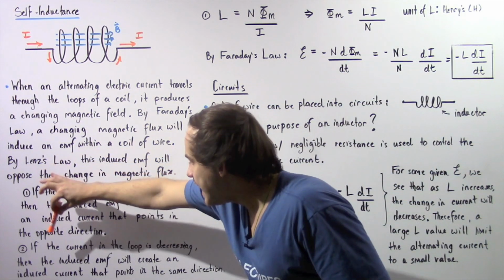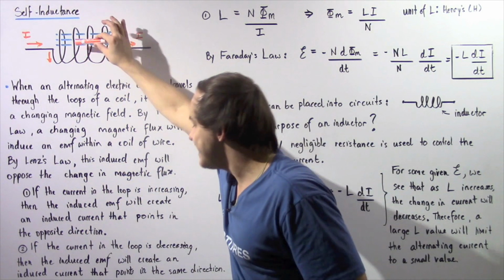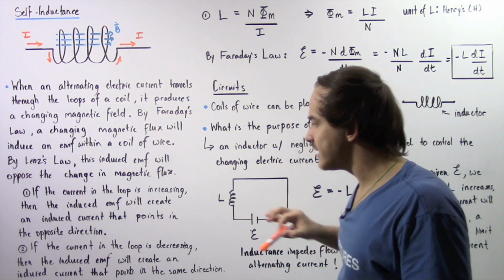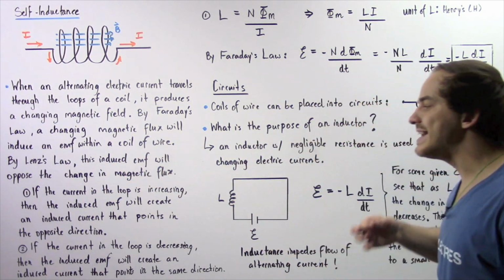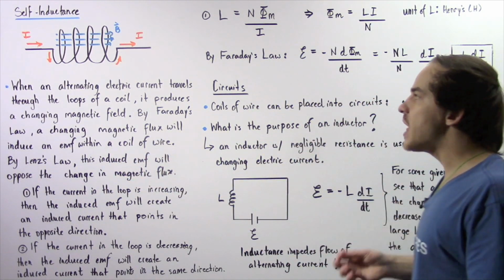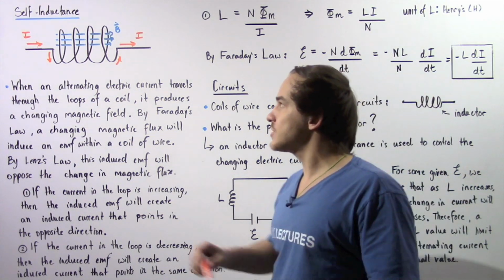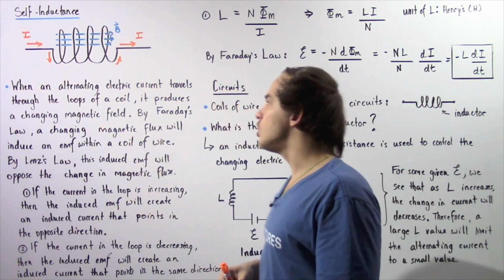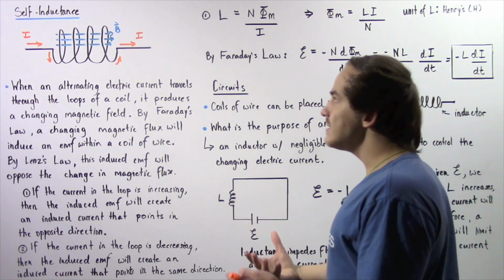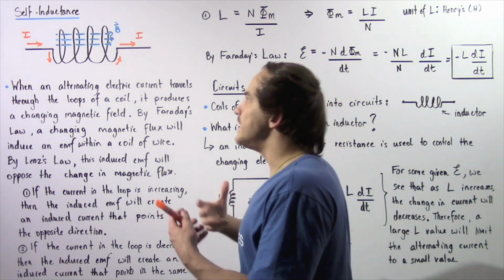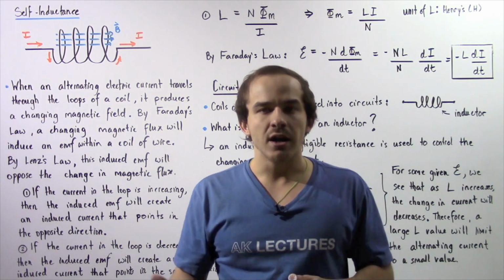So once again, if the current in the loop is decreasing at some given moment in time, then the induced EMF will create an induced electric current that points in the same direction as the initial alternating electric current. So this concept is known as self-inductance, or simply inductance.